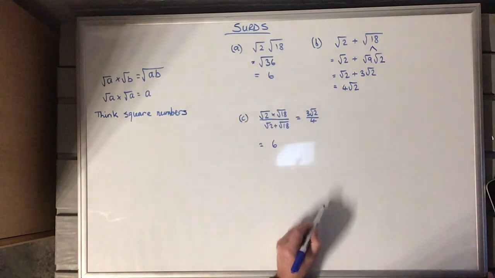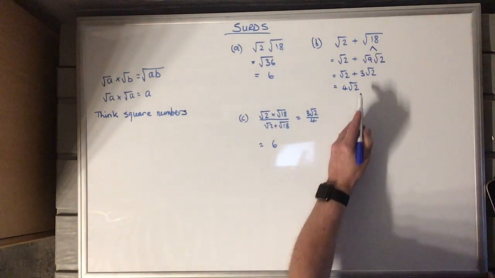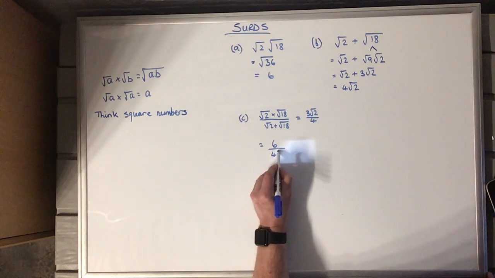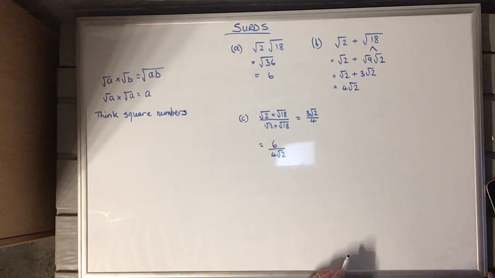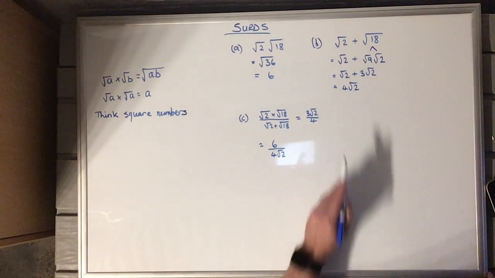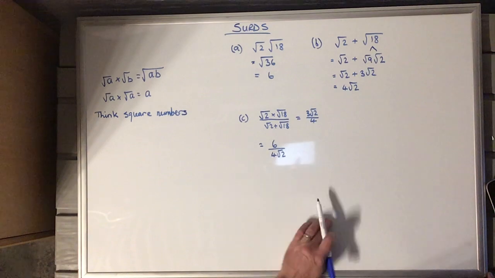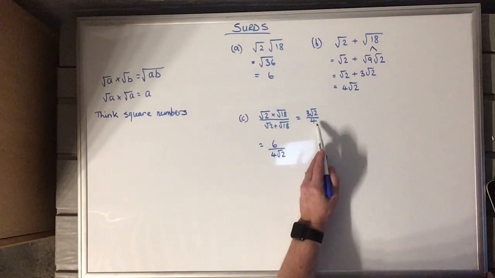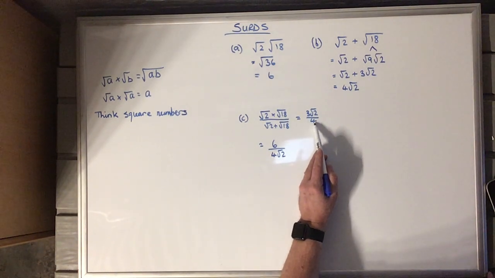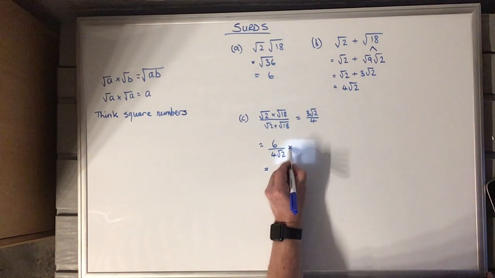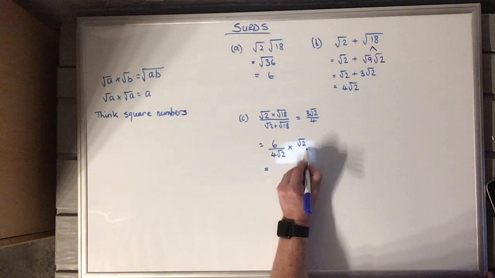We worked that out in part A. And part B is the bottom part of the fraction. That's 4 root 2. And we have to show it equals this thing here. Well, essentially we have to rationalise the denominator because we've got a root 2 here and we don't have any roots here. So let's multiply top and bottom here by root 2.